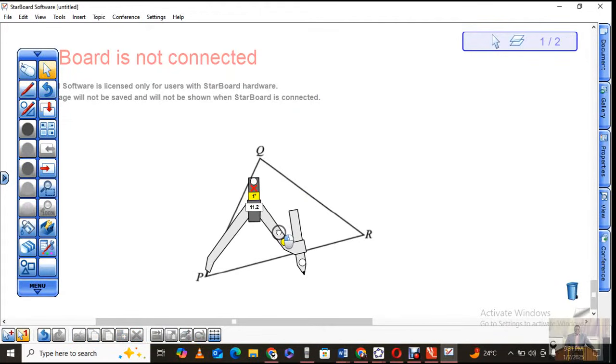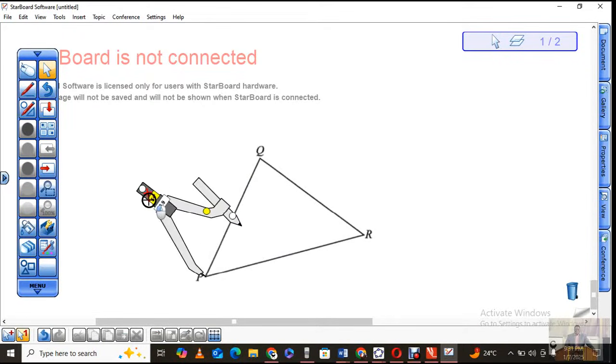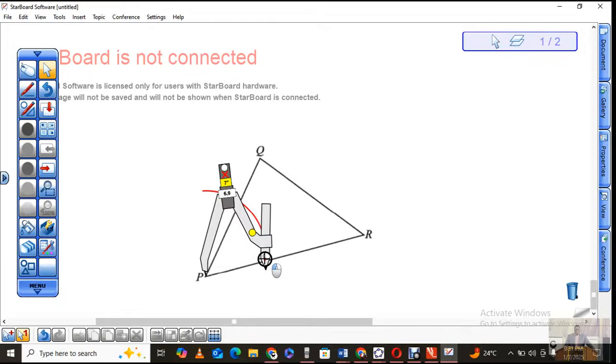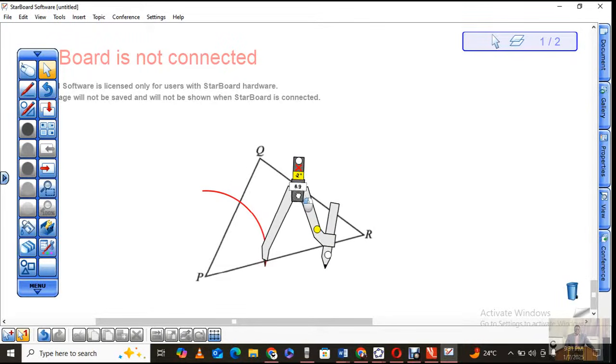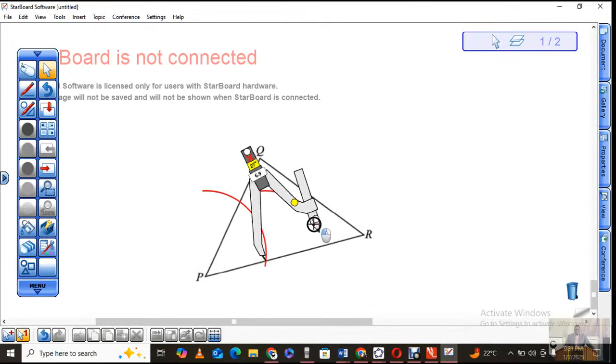We're going to put our compass at P because we want to bisect that angle over there. Let's make it a little bit smaller. We'll just see how. Right, so now we can actually do it. I don't know whether it's actually bisecting the correct place. It seems to be a glitch with my software there. If I was to move it, I can use the same, or I can change this slightly, but I'm going to use the same.